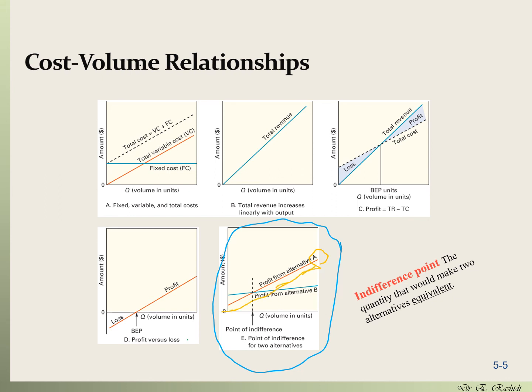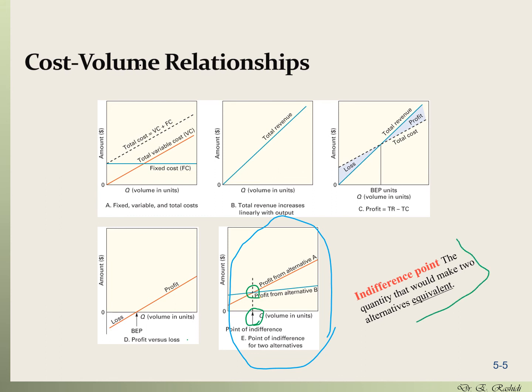That's the profit from alternative A. And we have alternative B shown by this blue line here. On the x-axis, again, we have the quantity, and on the y-axis, we have the dollar value. At this specific quantity at which these two lines cross over each other, the profit made through alternative A is equal to the profit made with alternative B. This is what is called the indifference point, the quantity that would make two alternatives equivalent economically.